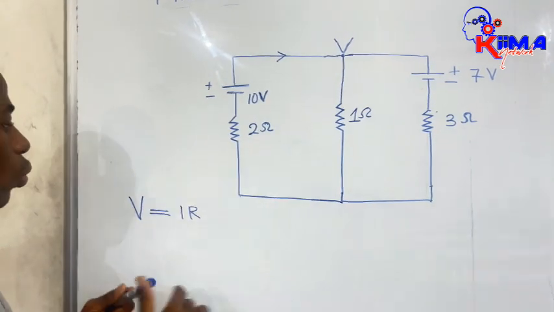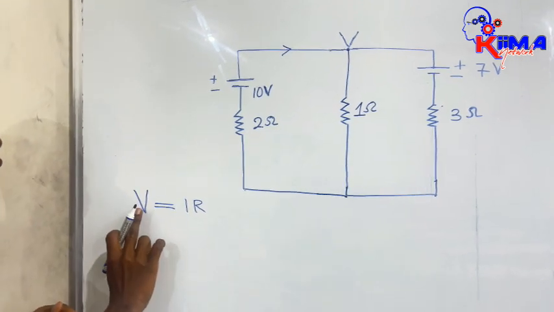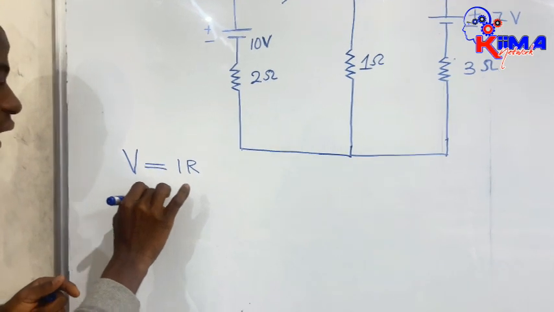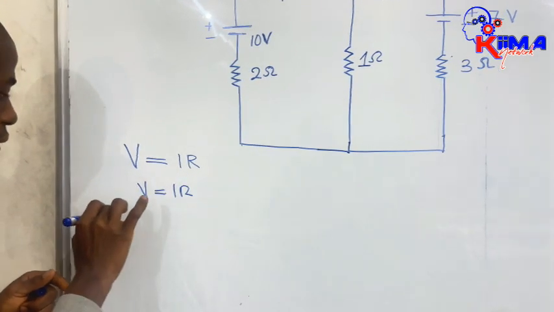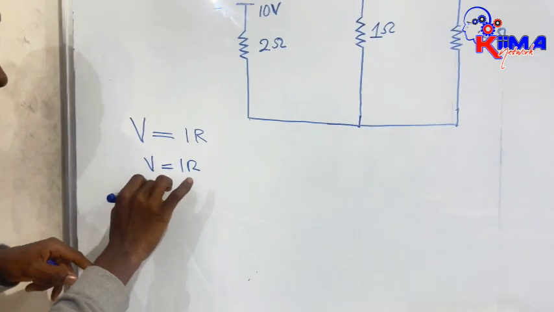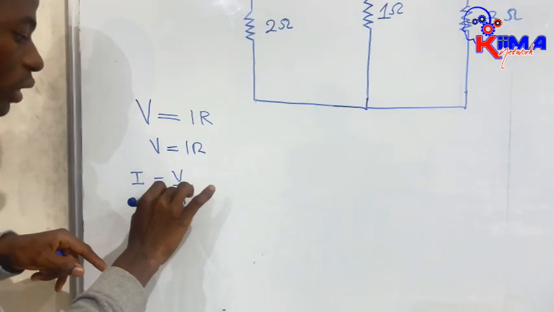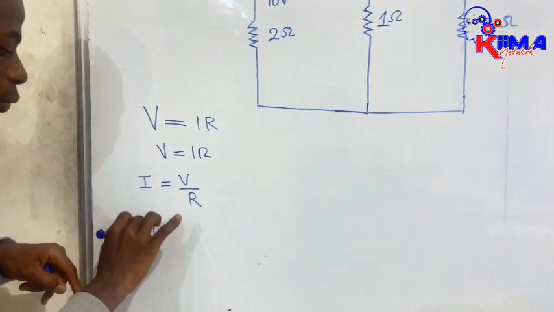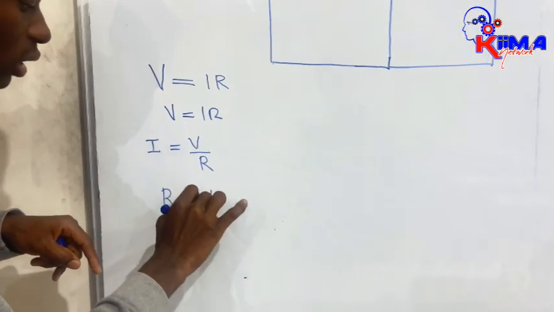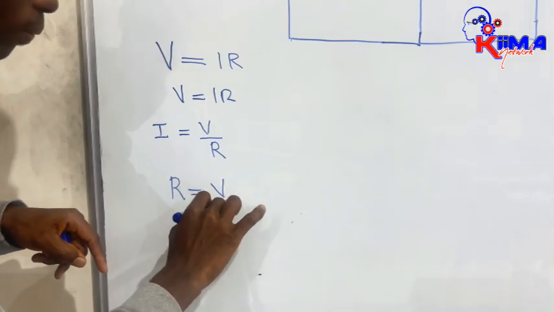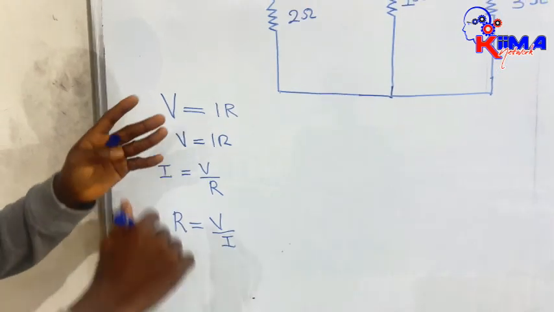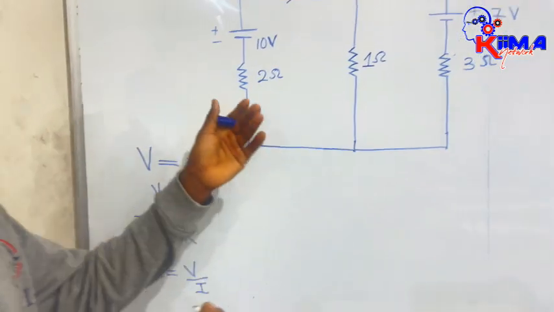We know that the current is the voltage over the resistor, and the resistor is the voltage over the current. So with this analysis, we are going to solve this question.